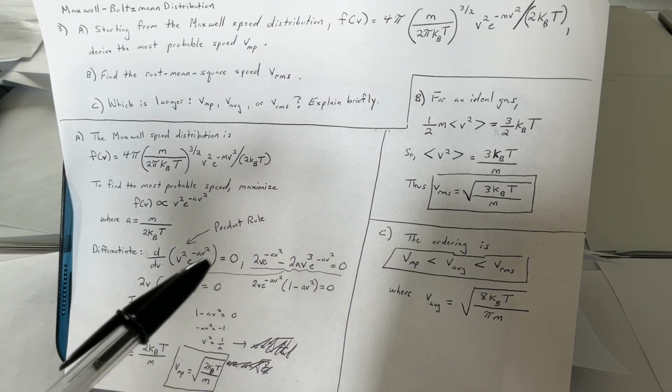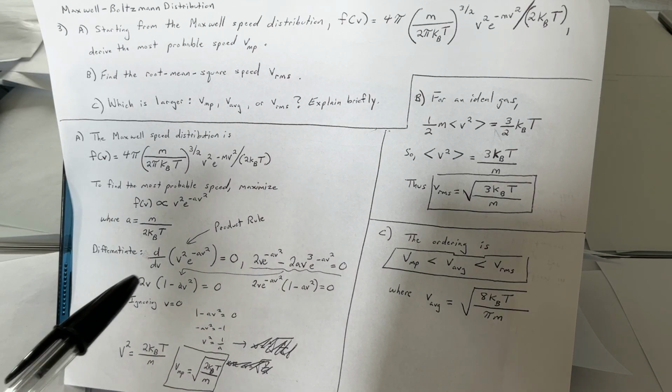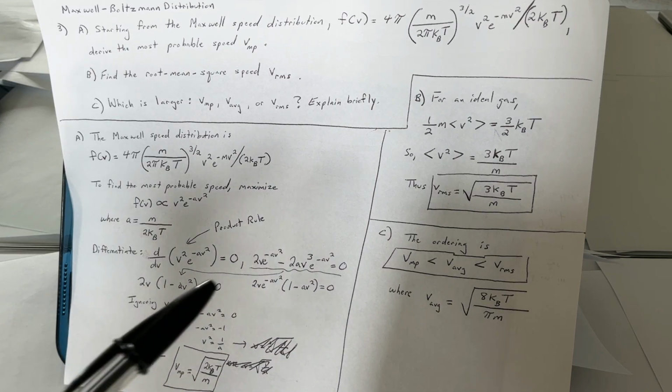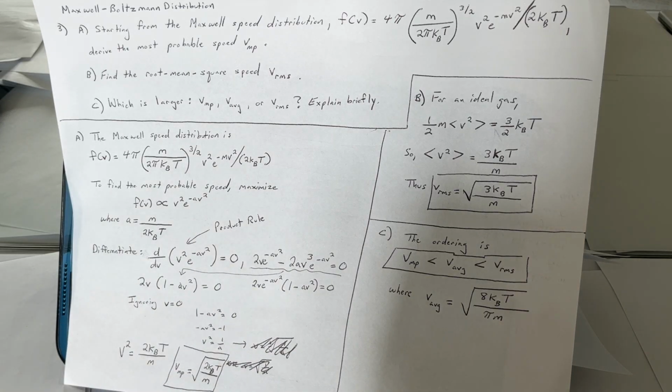When we use the product rule, we get 2v e to the negative a v squared minus 2a v cubed times e to the negative a v squared. Set that equal to 0.